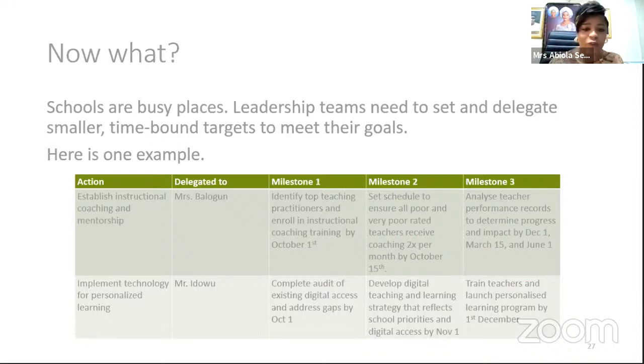So they have to gather the information of those teachers that are poor, very poor. They have to look at the school calendar, the schedule. Then they need to arrange how the teachers will be getting coaching 2 times a month, and who they will assign them to. Number 3, analyze teacher performance records to determine progress and impact by December 1st, March 15, and June 1st. So this is just one example. Next slide.